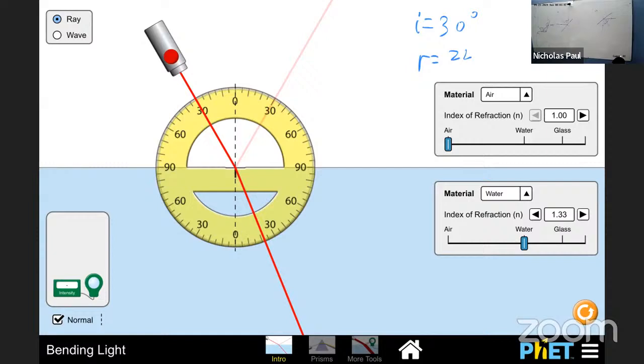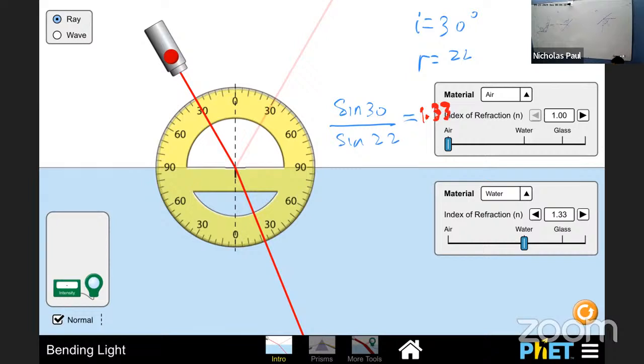Just do math on paper. Take a calculator and find sine 30, then divide it by sine 22. Tell me what you get. Sine 30 divided by sine 22. How much? 1.33. Correct? Yeah, everybody get that?